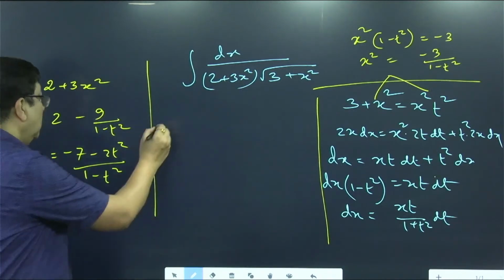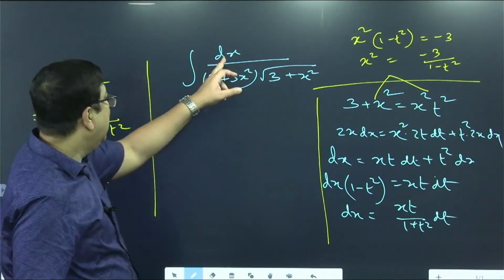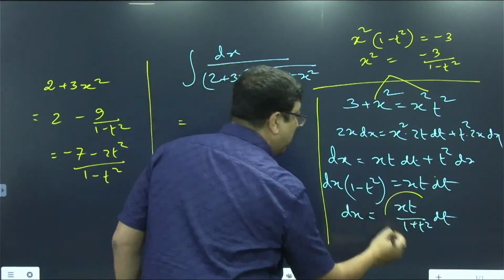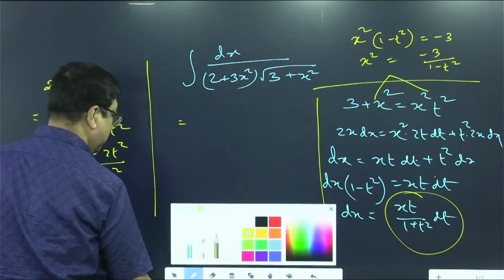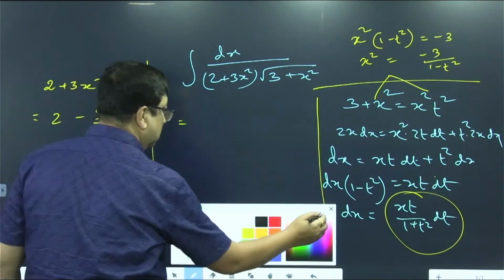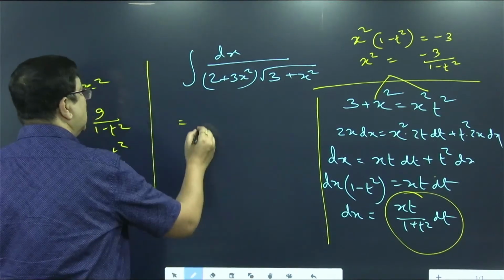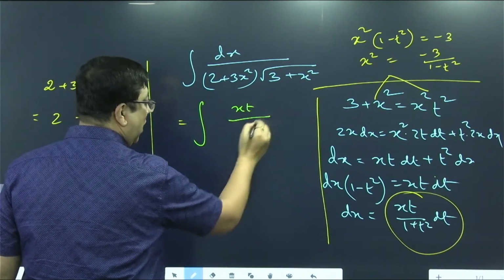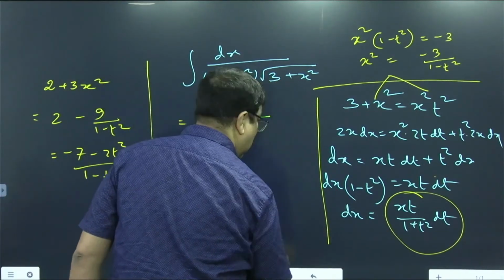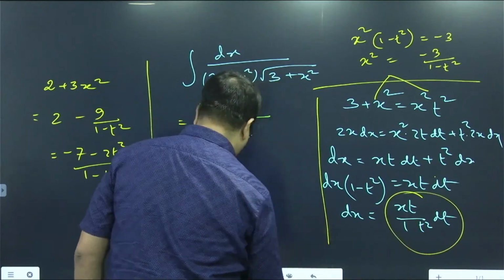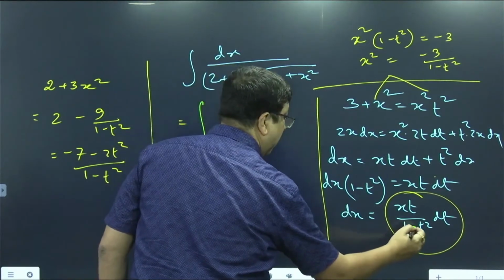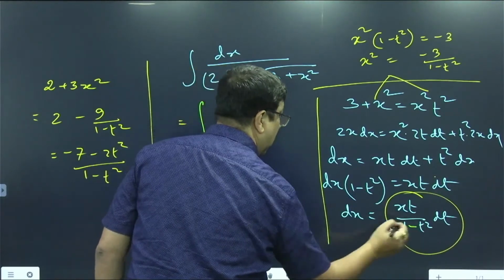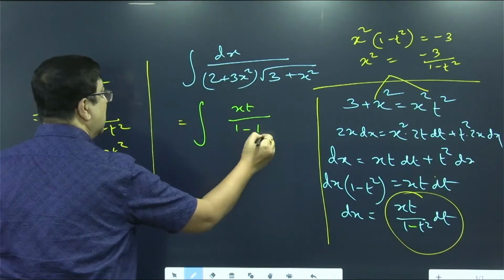Now I am putting the calculation here. Instead of dx, I am putting this. So what is coming? Instead of dx, minus xt by 1 minus t square.